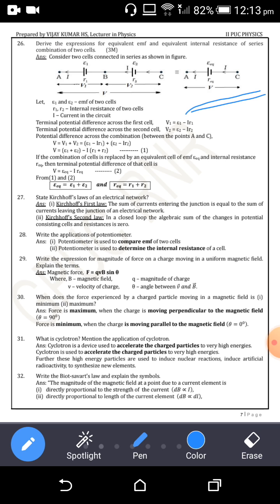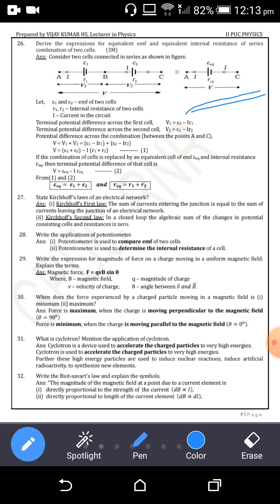If this combination of cells is replaced by an equivalent cell of EMF E equivalent and internal resistance R equivalent, then the terminal potential difference of that cell is expressed as V is equal to E equivalent minus I R equivalent, which is equation 2. If you compare equation 1 and 2, since the LHS is the same, in the place of E equivalent you can write E1 plus E2, whereas in the place of R equivalent you can write R1 plus R2.